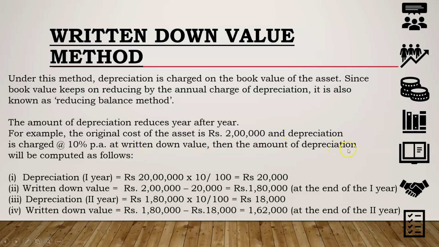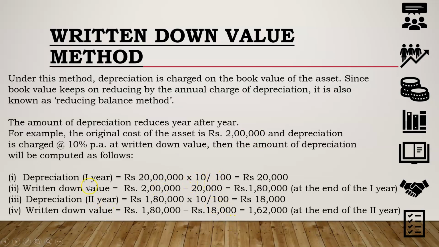Then the amount of depreciation will be computed as follows. Here we cannot calculate the rate of depreciation since every year there will be a different amount of depreciation. The depreciation rate is already given in the question and the original cost of the asset as well. We just need to calculate the depreciation yearly.